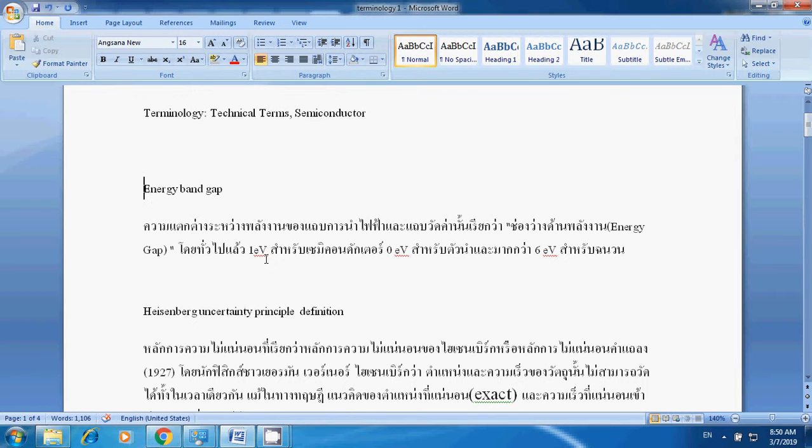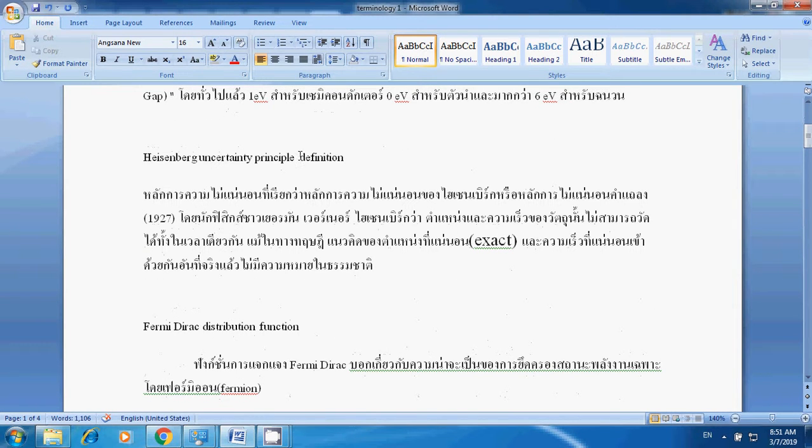For semiconductors, in general, it is about 1 electron volt, which is a very small energy. But for a conductor, it always conducts, right? So the energy band gap is about 0 electron volt. For an insulator, of course, the energy band gap becomes a larger number, about 6 electron volt.